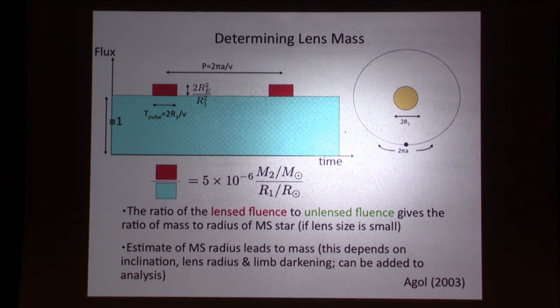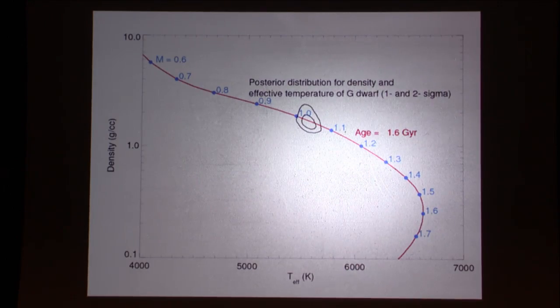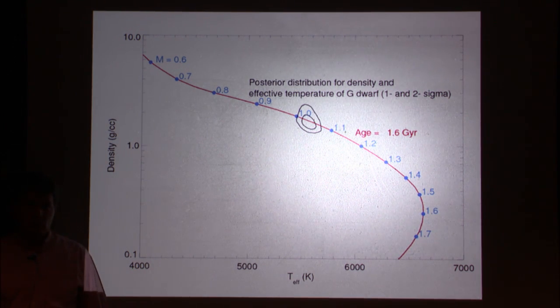You can then fully analyze this system. We don't know the temperature of the secondary eclipse, so we don't have a way to measure the size of the white dwarf. So I had to make a few assumptions to figure out the parameters of the system, and these will be dropped as we get more data. As we measure radial velocities or measure the color of the secondary eclipse, you can break some degeneracies, and so far we've done that with models.